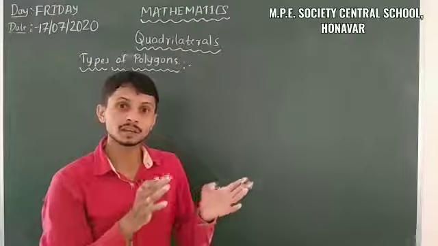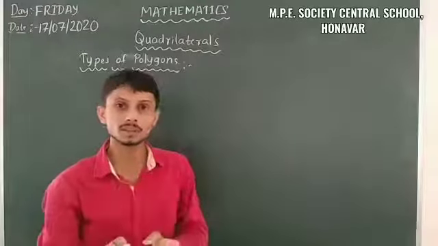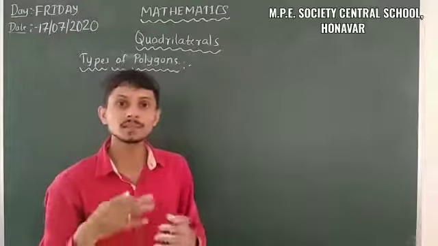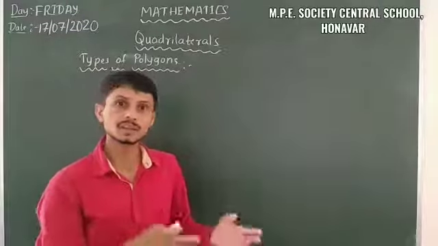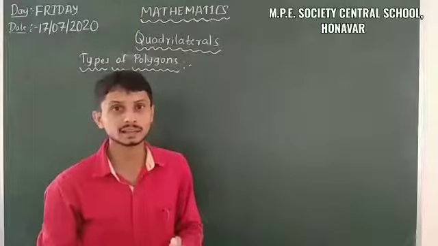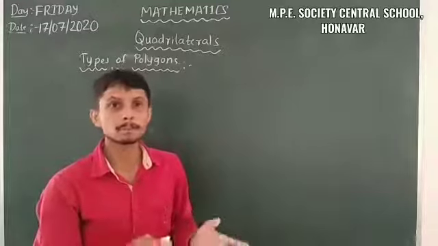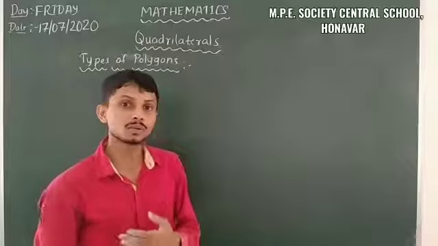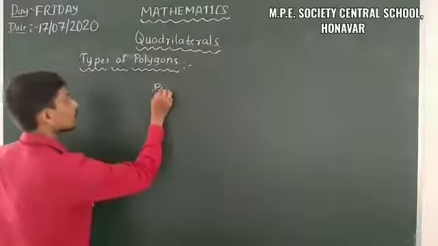So we are categorizing the polygons based on these terminologies. Based on the interior angles there are two types of polygons, and based on the sides and angles there are two types.